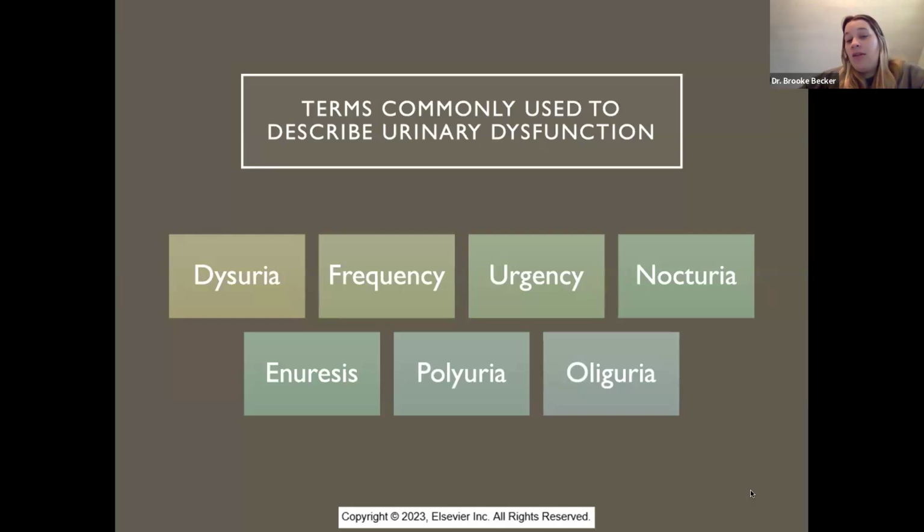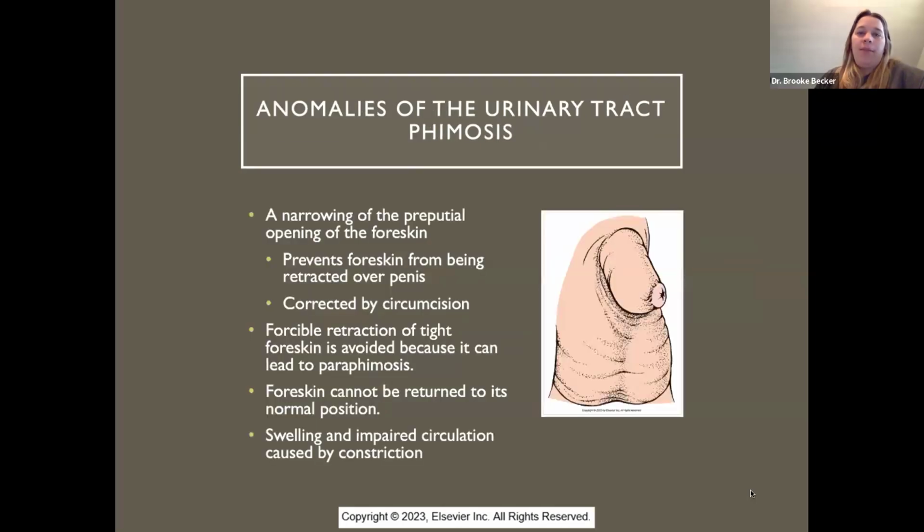Enuresis is having urinary accidents, whether it's at nighttime, nocturnal enuresis, or diurnal enuresis, which is during the day. Polyuria is urinating frequently and a large amount. And oliguria is minimal urination. Okay.